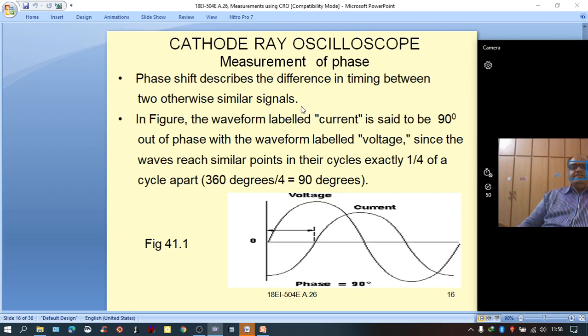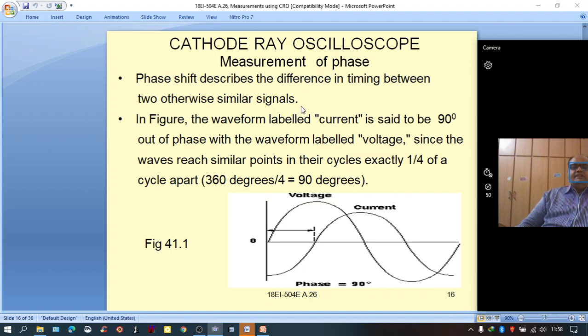There can be variation in magnitude and there can be variation in phase, but there should not be variation in frequency. If variation in frequency is there, we should not measure the phase shift, and that is not accurate.